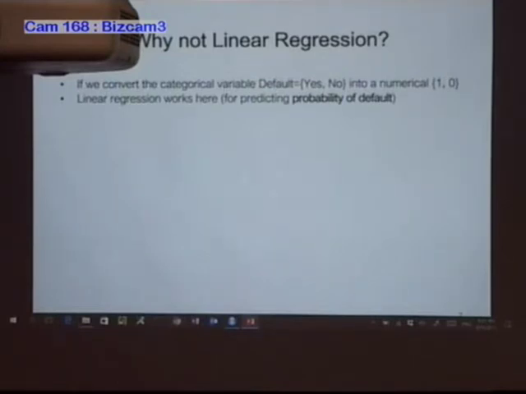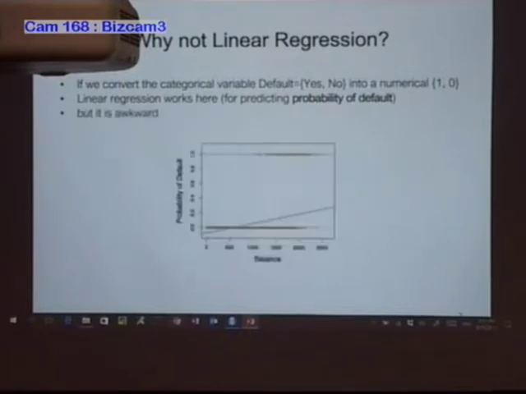Is there anything wrong here? Y is just a number. It just happens that in this case y only takes two values, 0 and 1. But they're still numbers. It works like this. Instead of a point cloud, where last time we had points anywhere, now we only have points on 0 and 1.